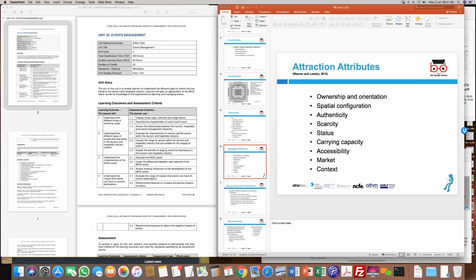So those attributes are what we consider when we look at some of these which are listed on the slide. So sometimes you look at configuration, the spatial configuration, because if you're hosting, for example, a drama or a stage show, then you need some sort of theater-style seating. If you're hosting a dinner, you need a round table or some sort of seating. So sometimes with these attributes, you look at status, you look at carrying capacity, that means how many people can you include if you're doing an exclusive event, say for example a premiere of a film, or a premiere of, say, an art gallery or a painting.